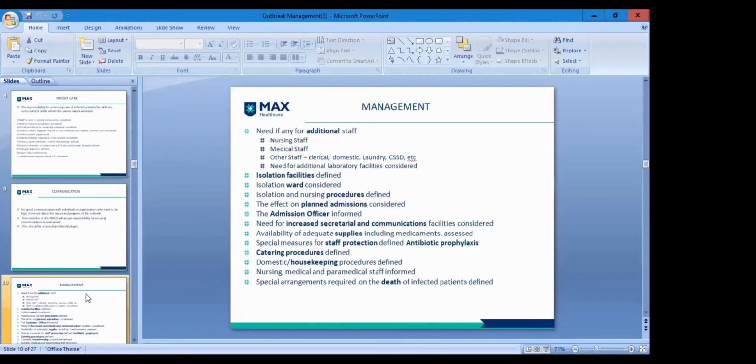The need for additional staff was taken into account, maybe nursing staff, medical staff, clerical, laundry, CSSD, and any additional laboratory facilities. We have to keep up our laboratory facilities as the sample size became bigger in the second wave.